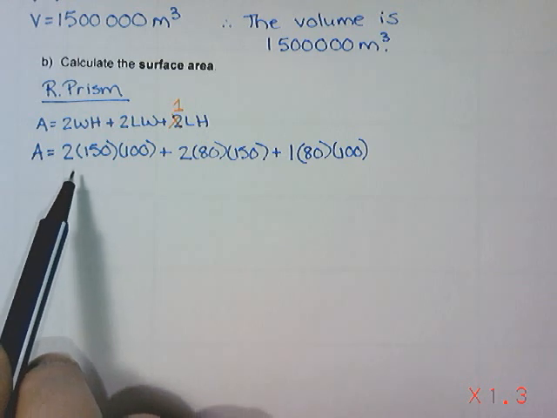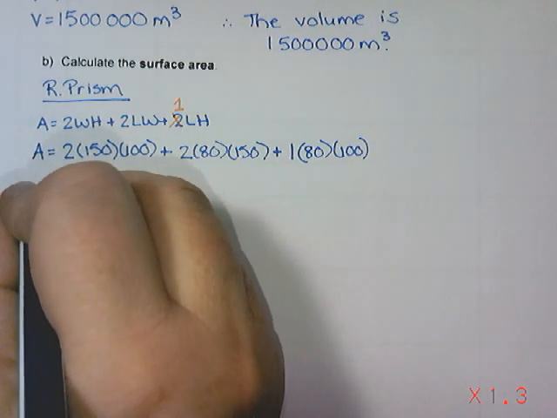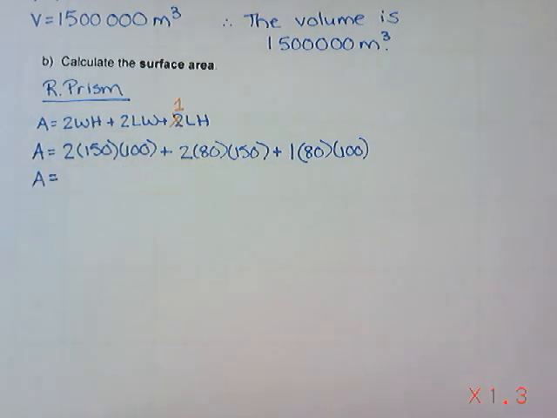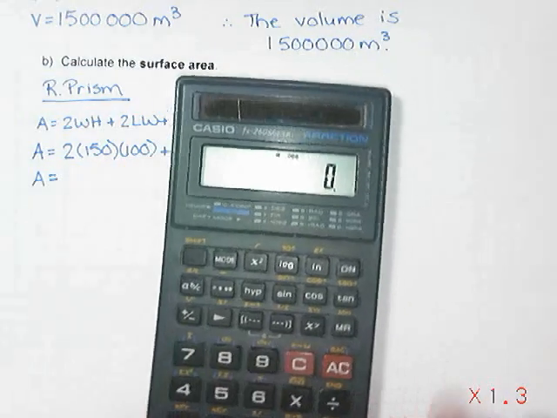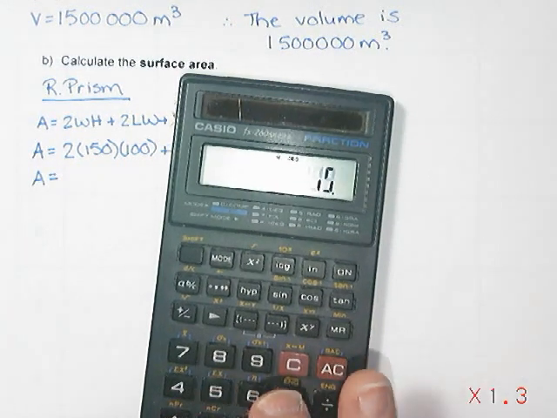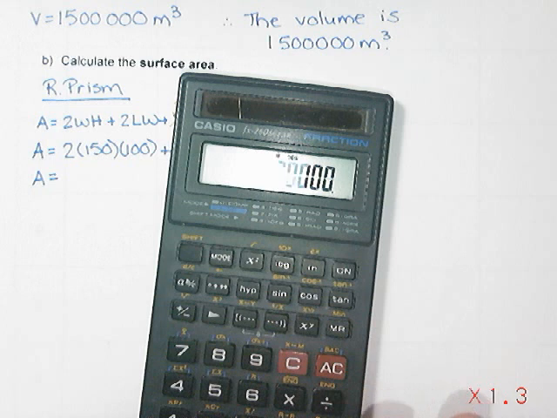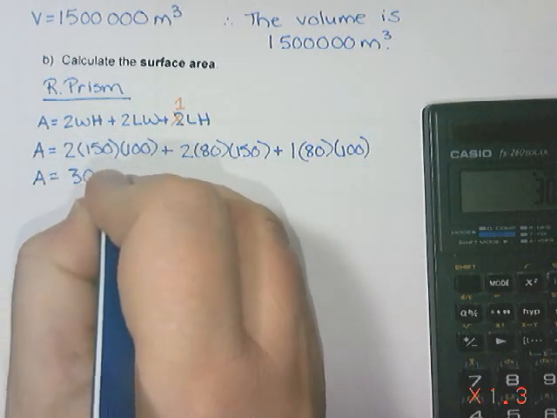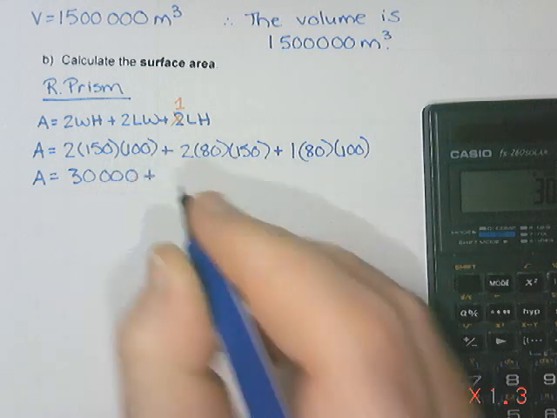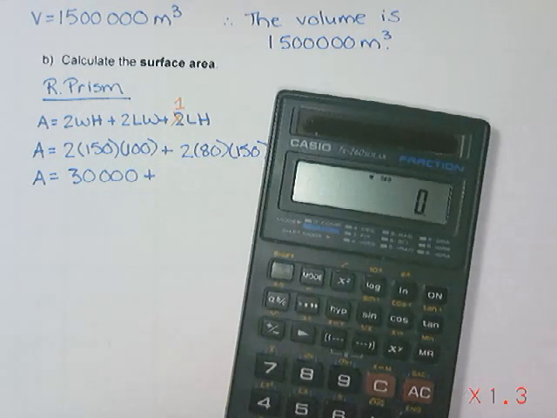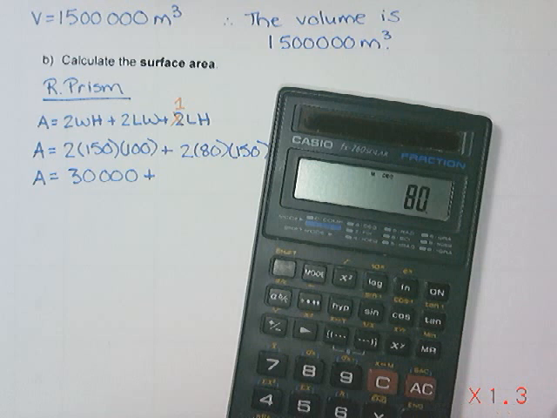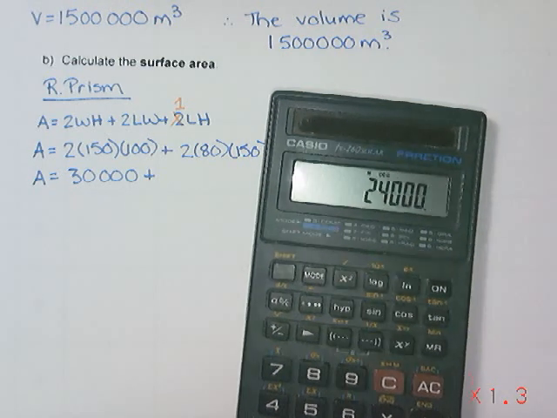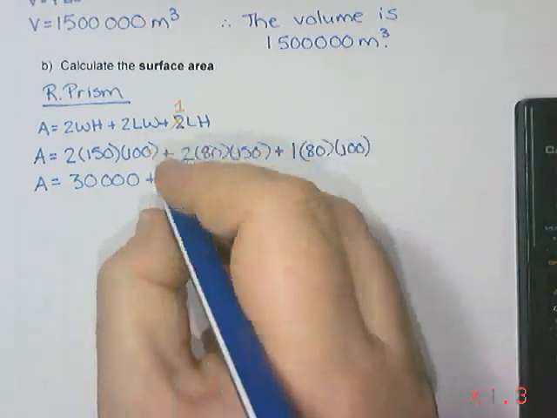My next step would be to do the multiplication. Order of operations says we multiply before we add. So I would do 2 times 150 times 100, which is 30,000. And then I have 2 times 80 times 150, which is 24,000.